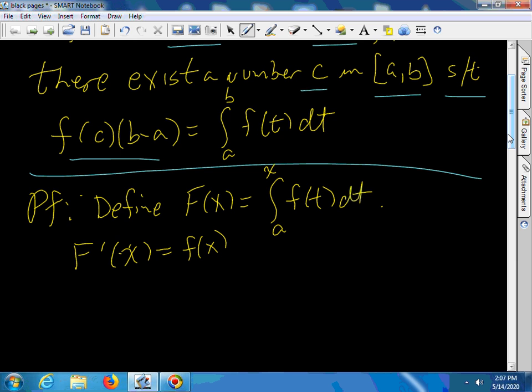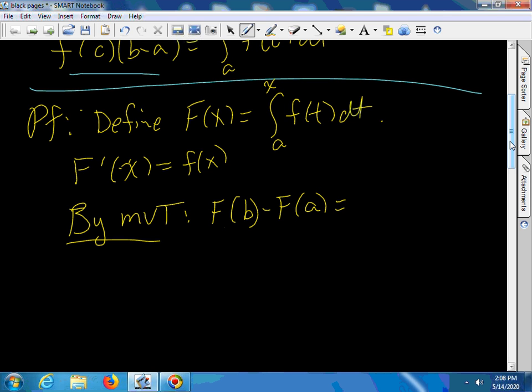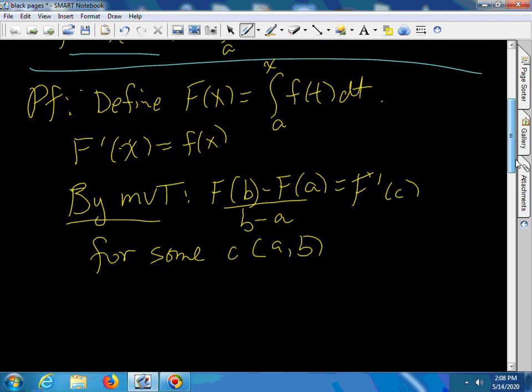Now, by the mean value theorem, not for integrals, we know that F(b) minus F(a), divided by b minus a, is equal to F prime of c for some c in [a, b]. Okay, we know that's true.